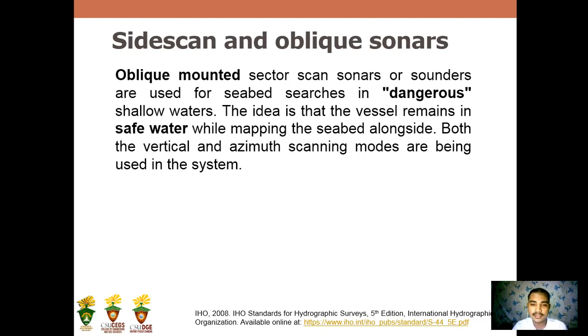We want 100% seabed or riverbed coverage. So the parts that are dangerous, like for example debris or shallower than the middle, the oblique sonar is used.